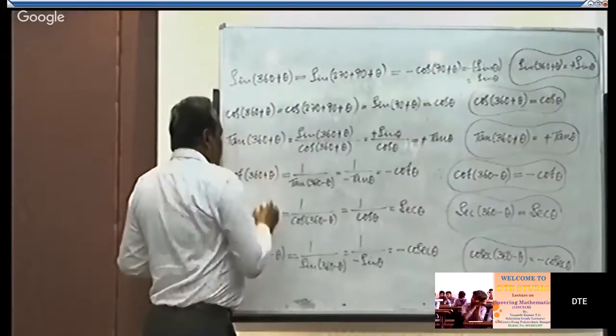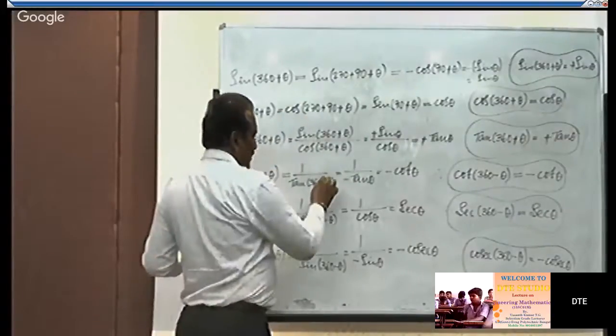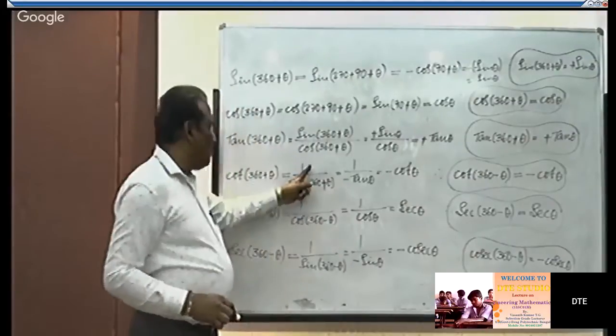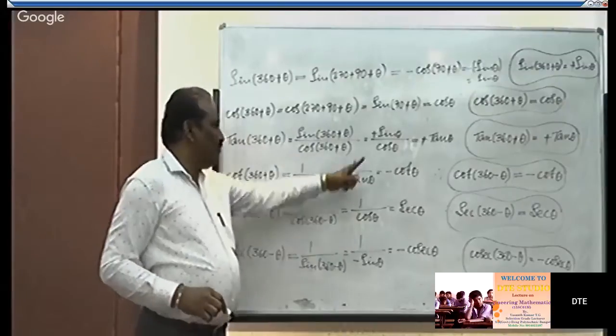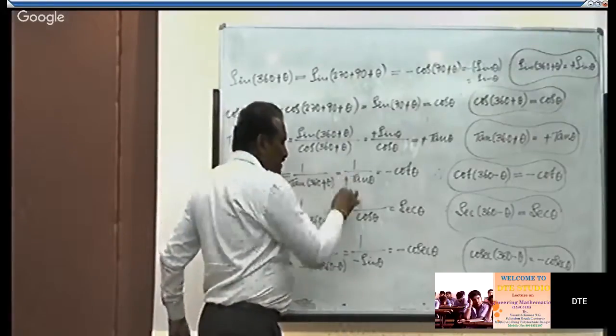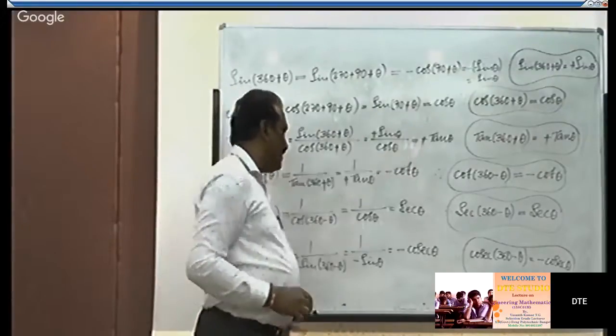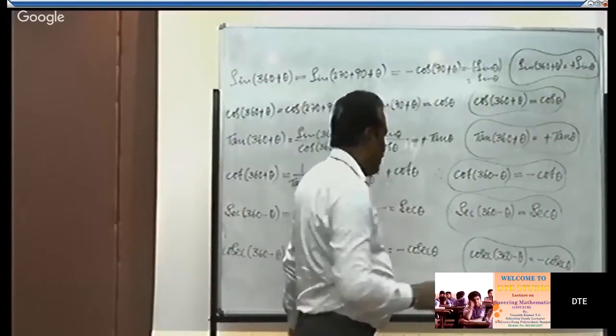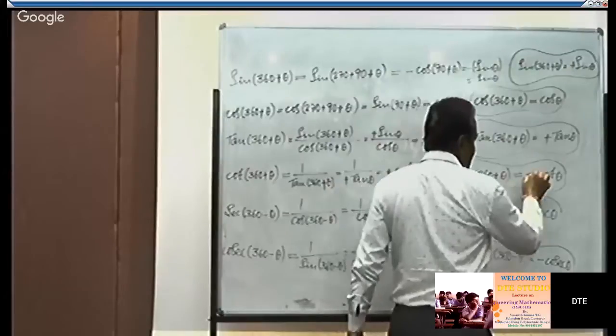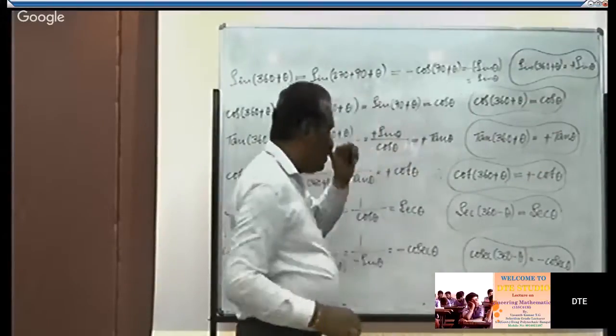Then cot of 360 plus theta is equal to 1 by tan of 360 plus theta. Since tan of 360 plus theta is tan theta, 1 by tan theta is cot theta. Therefore, cot of 360 plus theta is equal to cot theta.